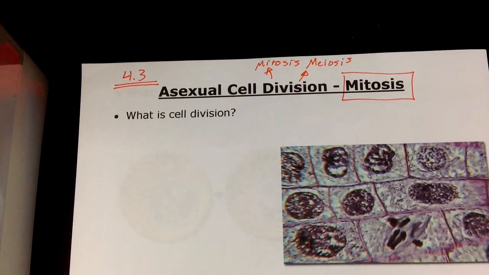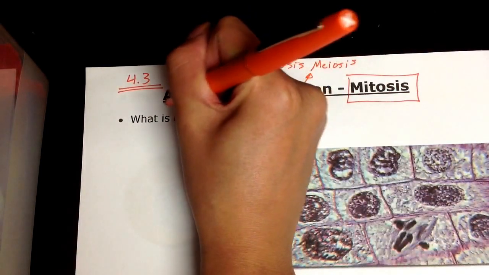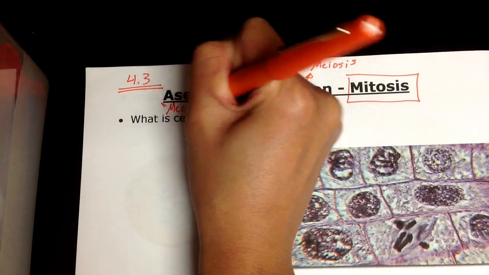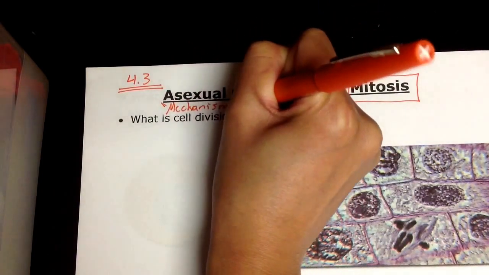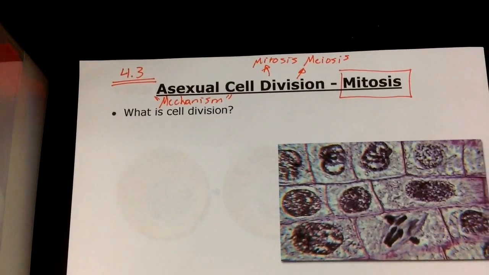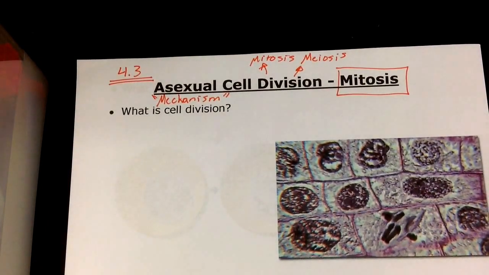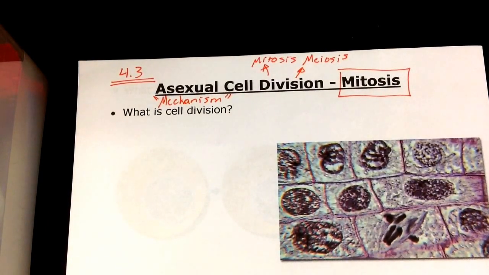And what we're really going to try to focus on is the mechanism of asexual reproduction or of mitosis. So we're going to see what happens, why does it have to happen, how does it happen.